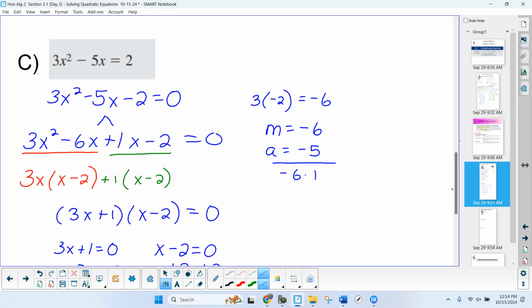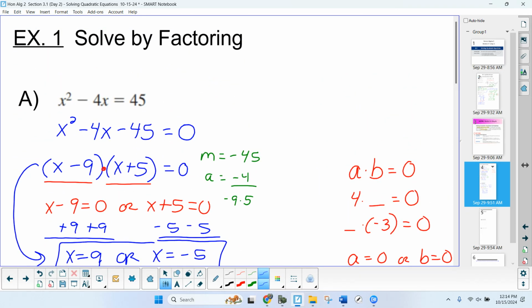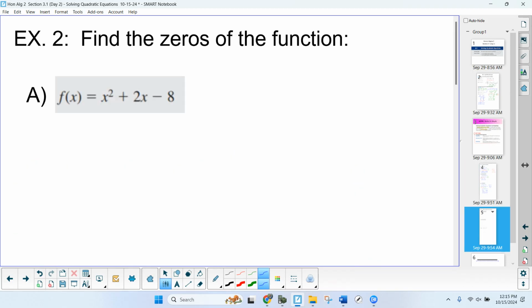I want you to notice the way these are written and what the direction says. Solve by factoring. And I give you an equation that says this equals that. This equals that. Okay? And you solved it. The directions here say find the zeros. Well, remember, the zeros are the x-intercepts, which are the solutions.